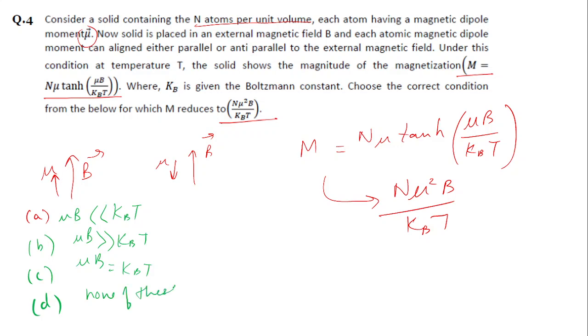So under which of these conditions will the magnetization for this material go from this to this? This was the question.